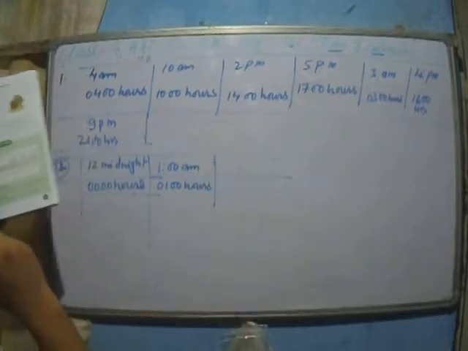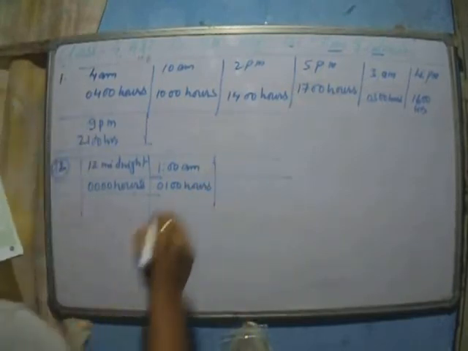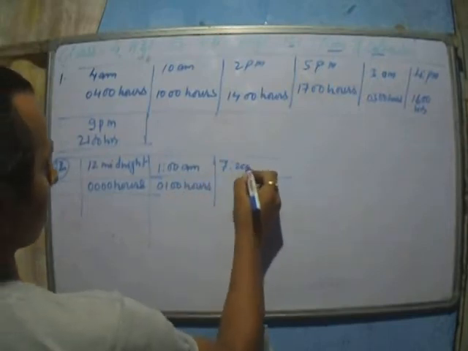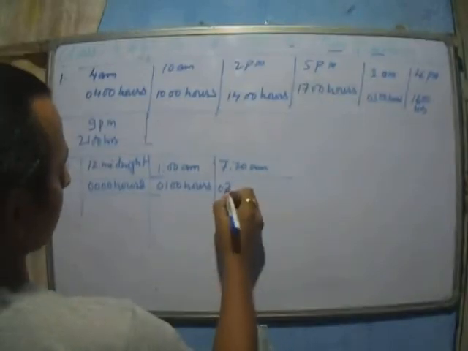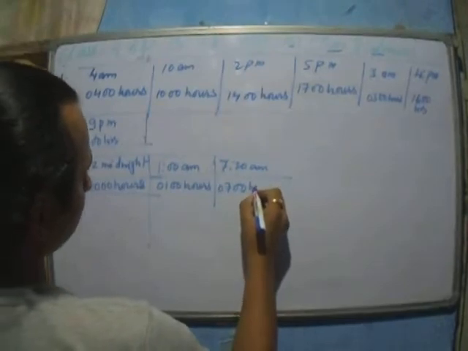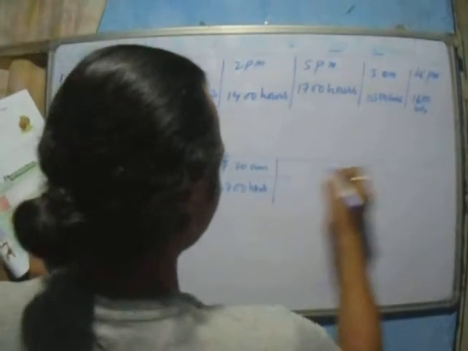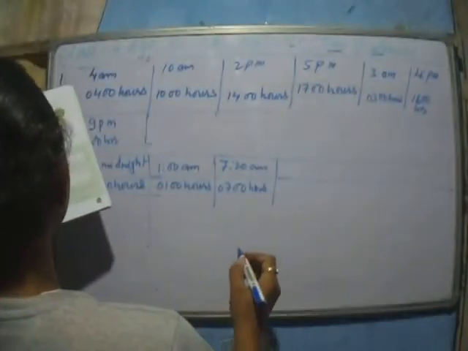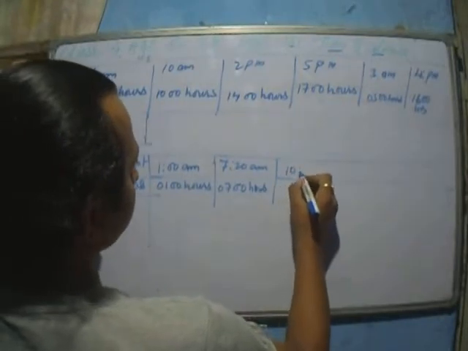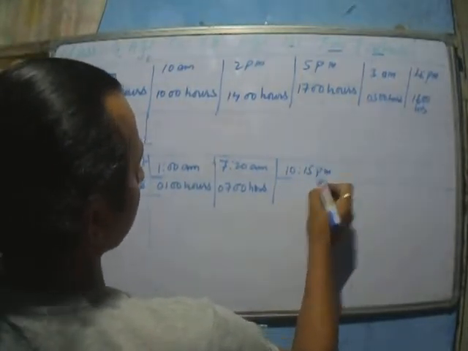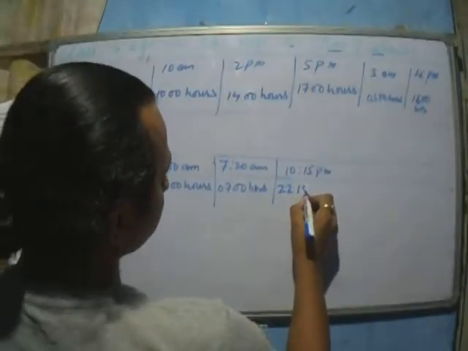The next one is 7:20 a.m. It is 0720 hours. I am writing hours as a shortcut, but you can write it in full. Then 10:15 p.m. So here 10:15 will be 22:15 hours.